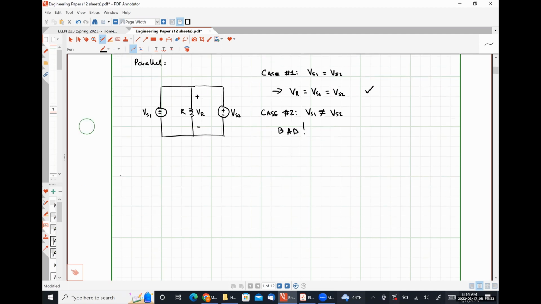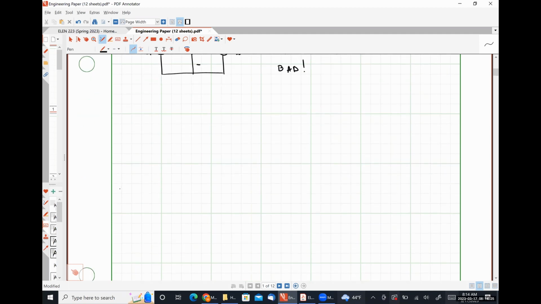So now let's look at how we combine current sources. We're going to start by looking at current sources in parallel.